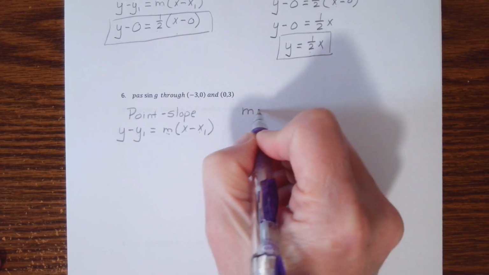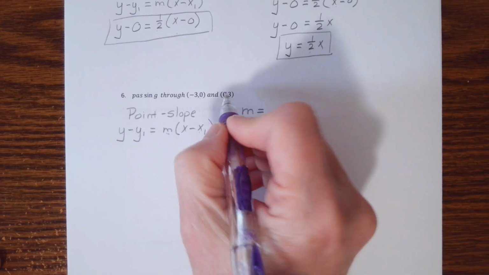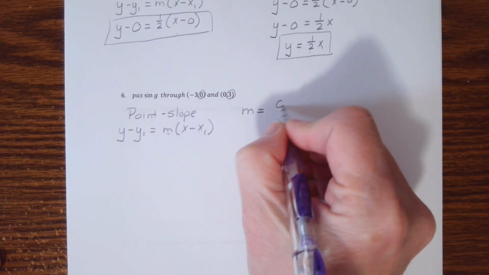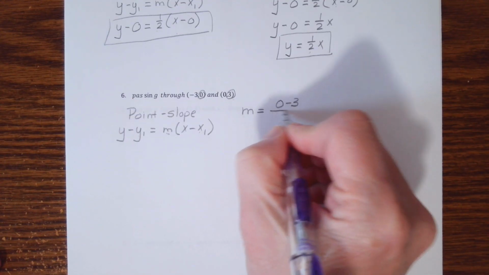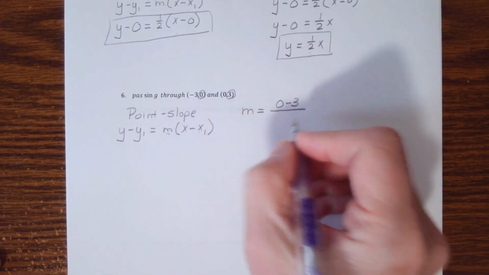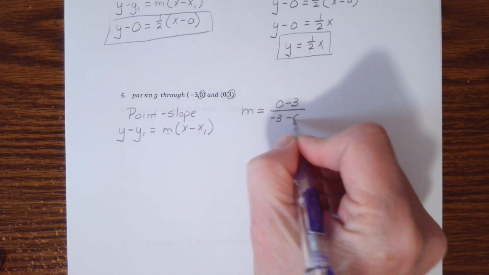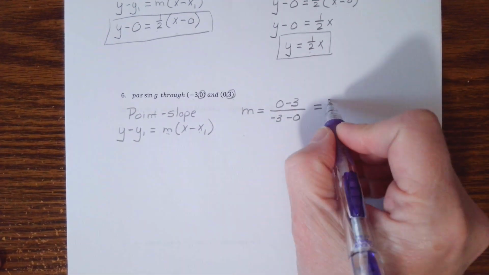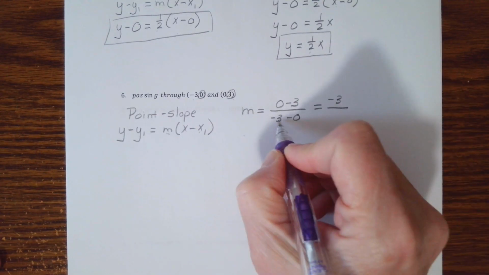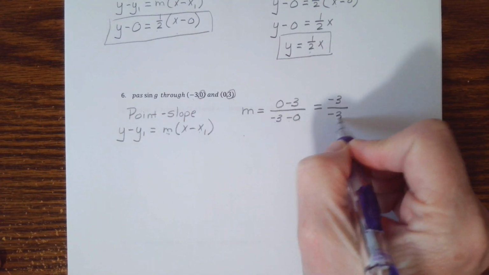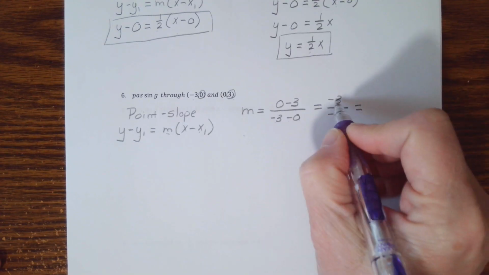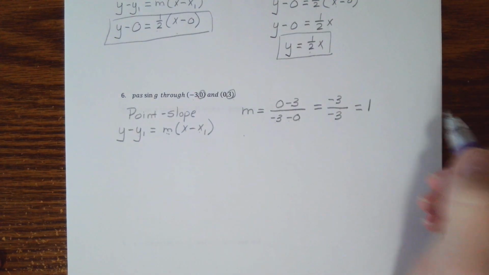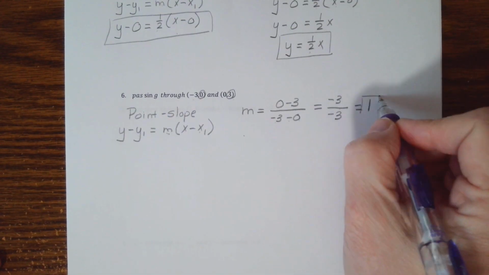So m equals, I'm going to circle my y's, 0 minus 3 over my x's, negative 3 minus 0. So this is equal to negative 3 over negative 3, which is 1. So my slope is 1 for this.